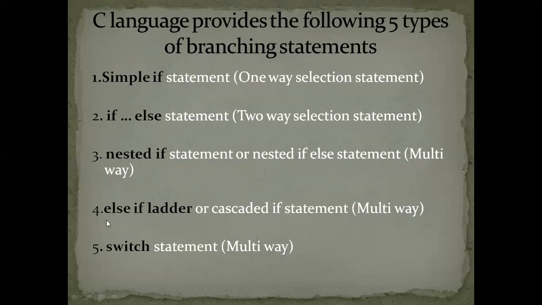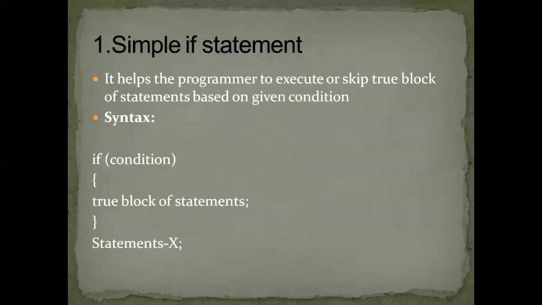Fourth is the else if ladder, also called a cascaded if statement, also multi-way. The fifth is the switch statement, also a multi-way statement. We'll see one by one how each statement works.